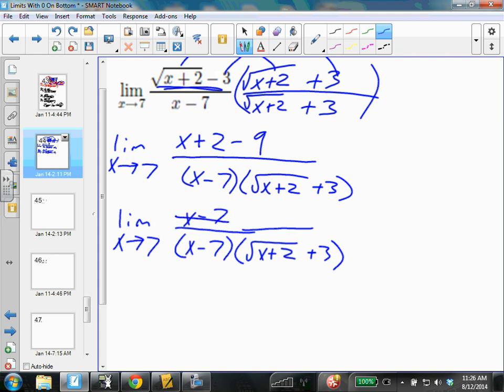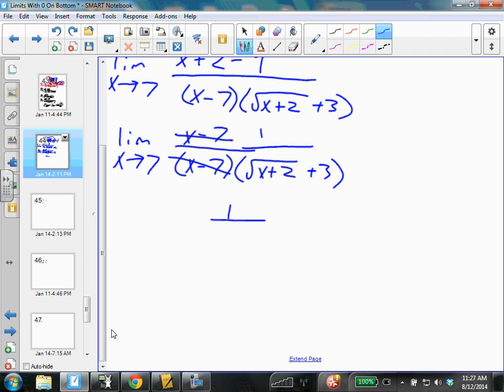And now the x minus 7s can go ahead and cancel. And that'll leave us with a 1 up top. And now we can plug in. And so if you plug the 7 in, you get 1 over the square root of 7 plus 2 plus 3. So that's 1 over the square root of 9 plus 3. And the square root of 9 is 3, so it's 1/6.